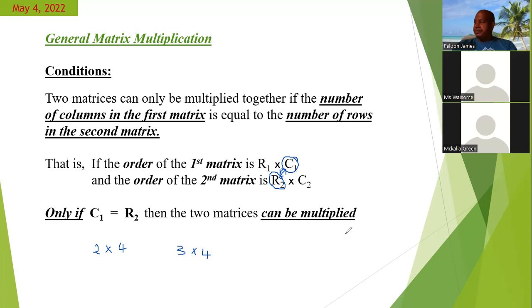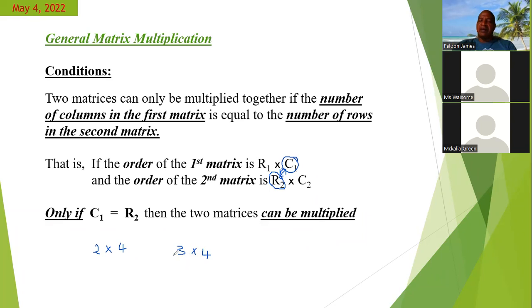No, sir. All right, why do you say they cannot be multiplied? Sir, if this is the first matrix, we are looking at row by column. We have 2 rows and 4 columns. That's the order of the first matrix.